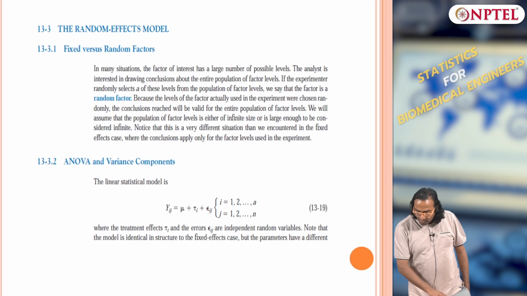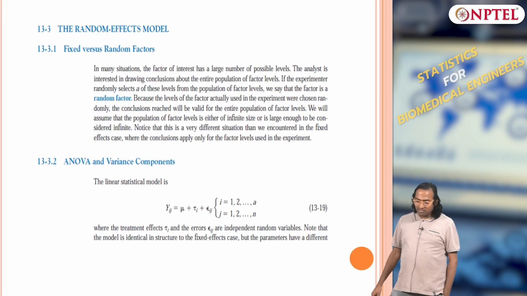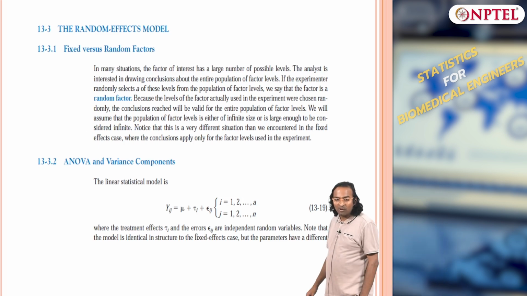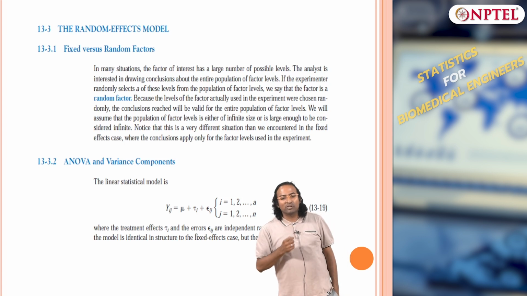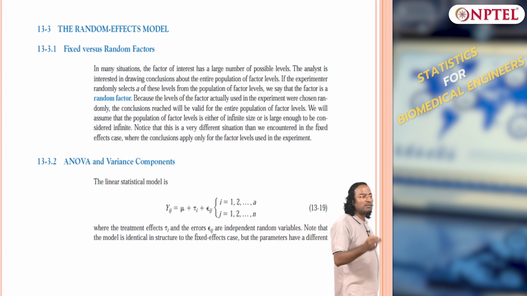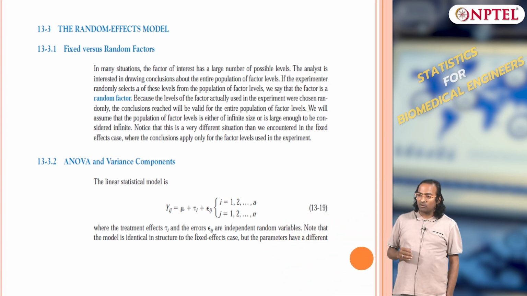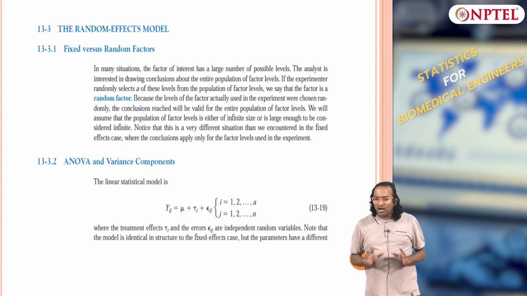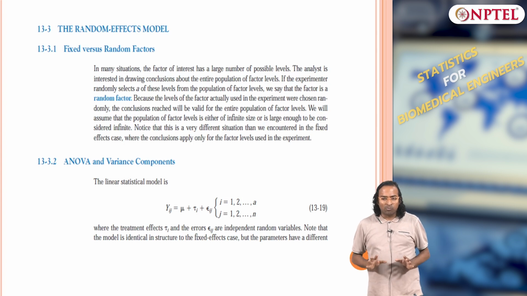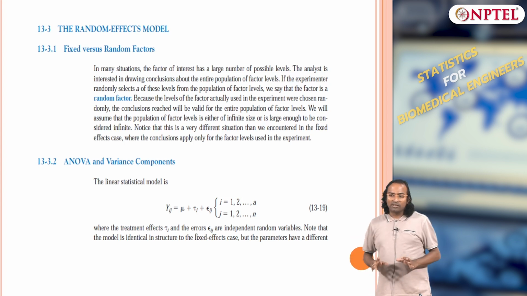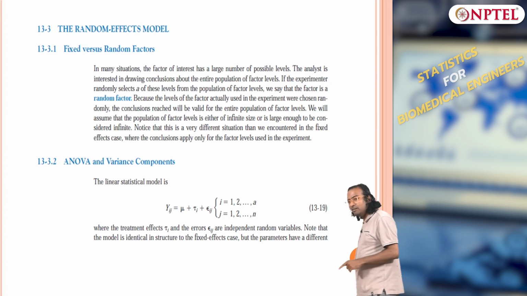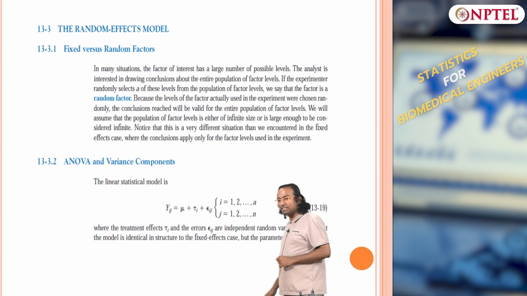So far we have done what is called the fixed effects model, okay. Now the next natural step is to do what? The random effects model. In the random effects model, the model remains the same, but what is the assumption now? I am not interested in these treatments themselves.